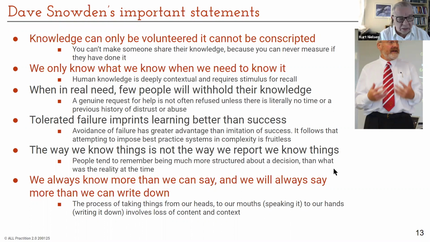And then he says at the last, we always know more than we can say, and we'll always say more than we can write down. And that's another challenge with working the agile way and working in complex. We have to accept that a lot of the common understanding we are building has to be done verbally, because we just don't have the time to write it down. And probably the world would have changed if we waited until we had it all written down.